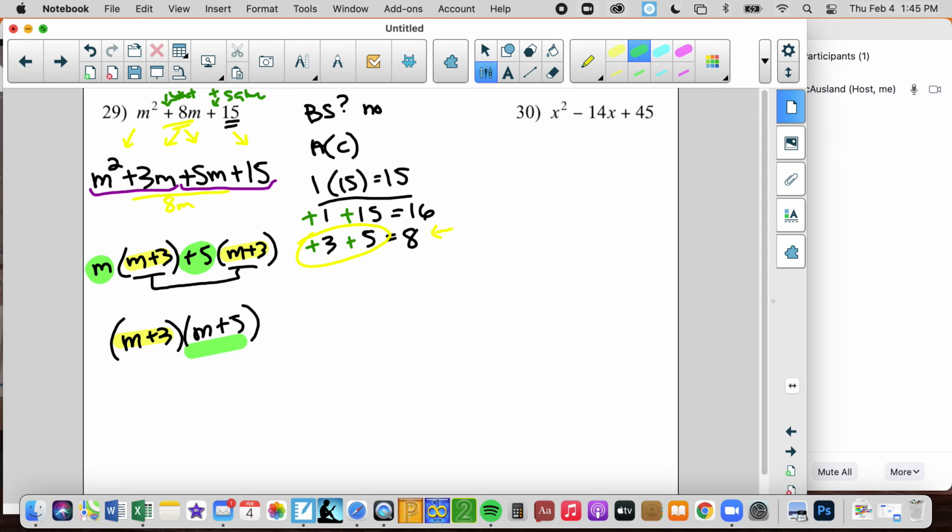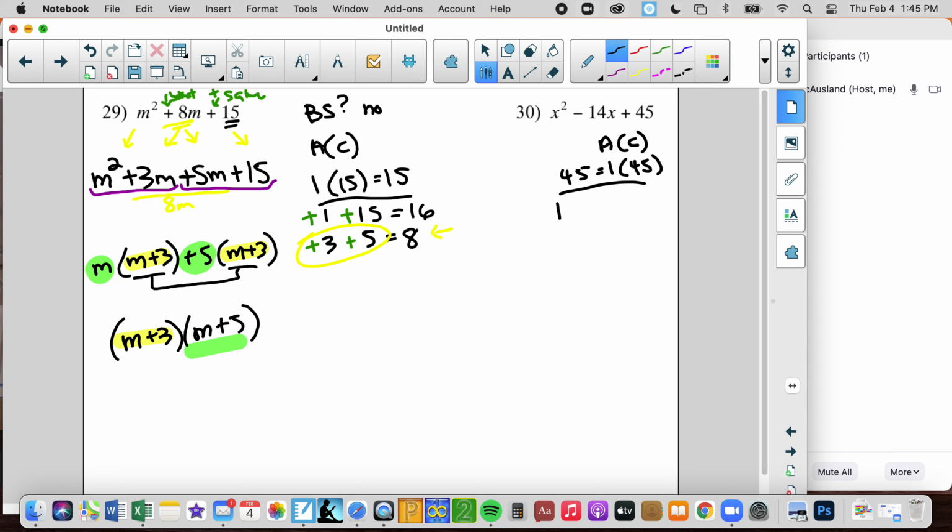All right, 3 terms, second sign positive, but not a perfect square, so we know it's not a binomial square. So we are going to do A times C. A is 1, C is 45, equals 45.